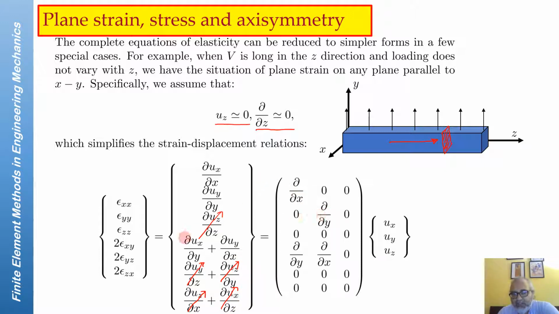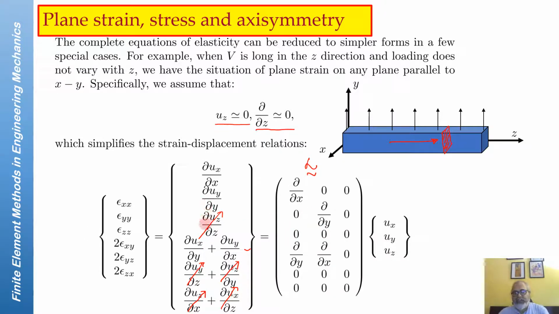Del x, del y remains, and del x remains for the fourth row. The third row vanishes, and then this is your reduced operator matrix L. That gives you the relevant components of the strain.